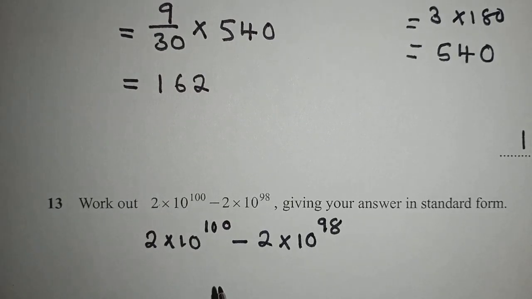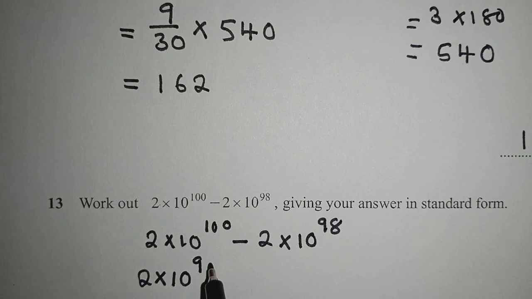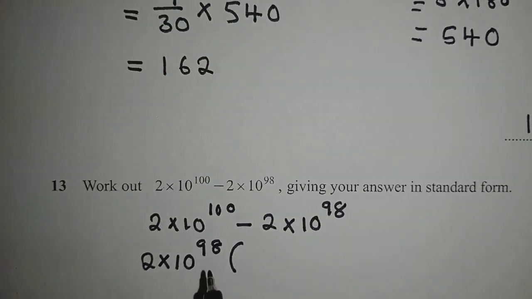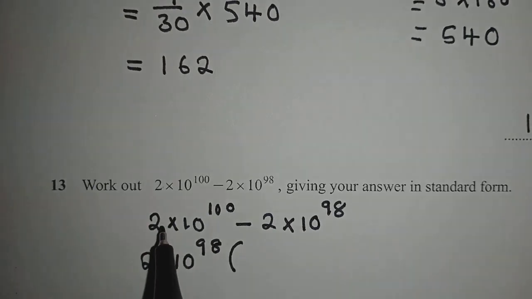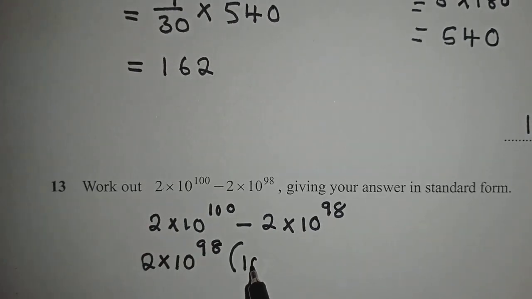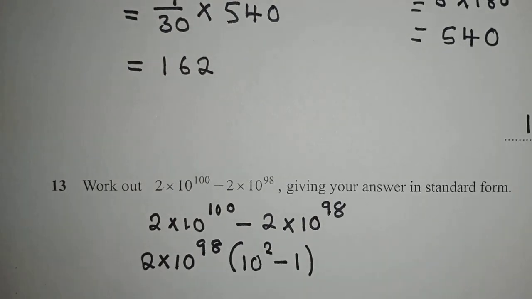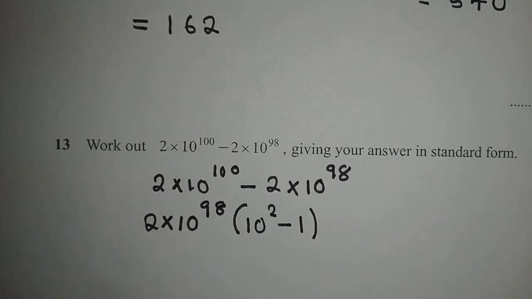Now we factor out what is common. Open bracket. So if you know how to factorize, that is what I'm doing here. We remain with 10 to the power 2 minus 1. When we factor out this, we remain with a 1.